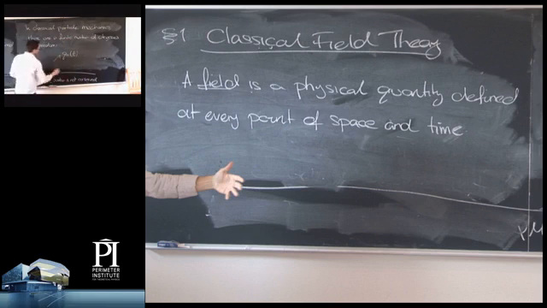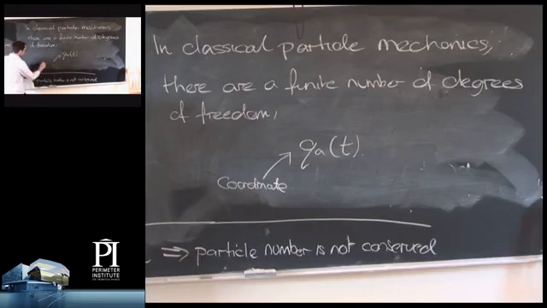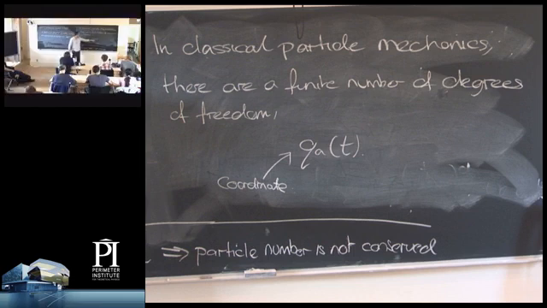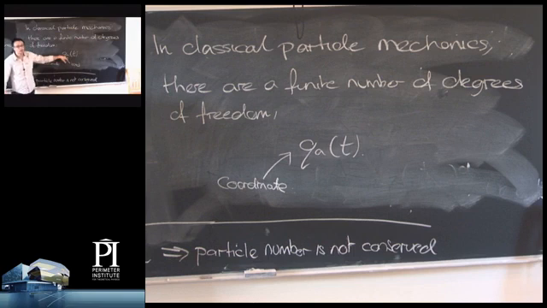So you have some degree of freedom that we'll call q. It's a coordinate, sometimes called a generalized coordinate in this Lagrangian setup. And it's things like the position of the particle. There's typically some label on these. For example, it's the position of the particle in that direction, or in that direction, and so on. But there's some finite number of labels you attach to this. And the goal of classical mechanics is basically to figure out what these functions are, i.e. how the positions of particles change as a function of time.